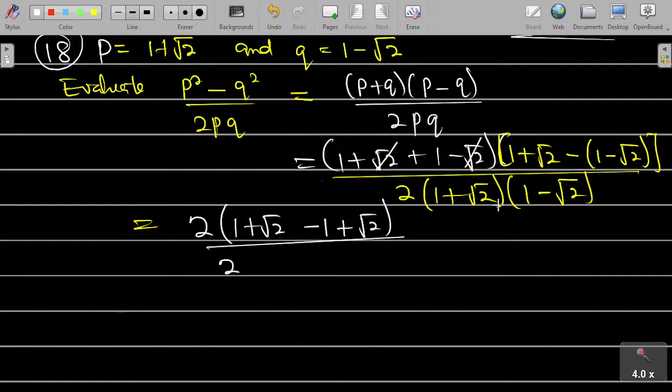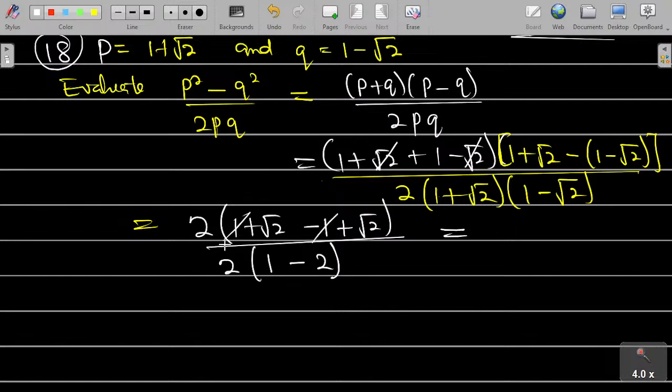This is difference of two squares in expanded form, so we want to shrink it. So that means 1 squared minus the square of root 2. Okay, and that's going to give you 1 squared is 1, then the square of this will be 2.